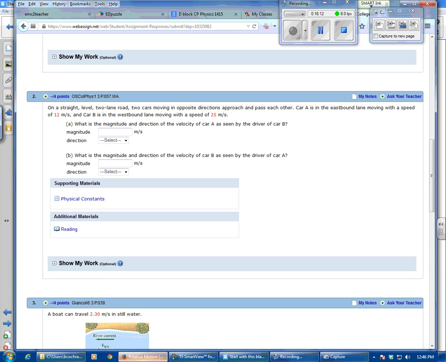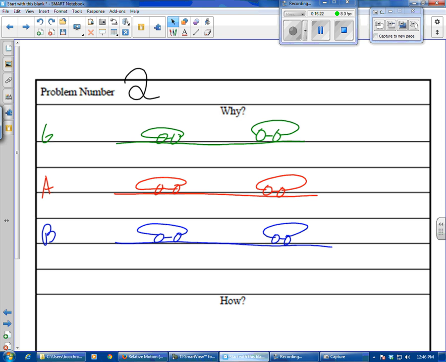Alright, so, on the road, 2 cars moving opposite direction, approach and pass each other. Car A is in the eastbound lanes, moving with a speed of 12 meters per second. From the ground's frame of reference, the velocity of A with respect to the ground is that way at 12 meters per second.